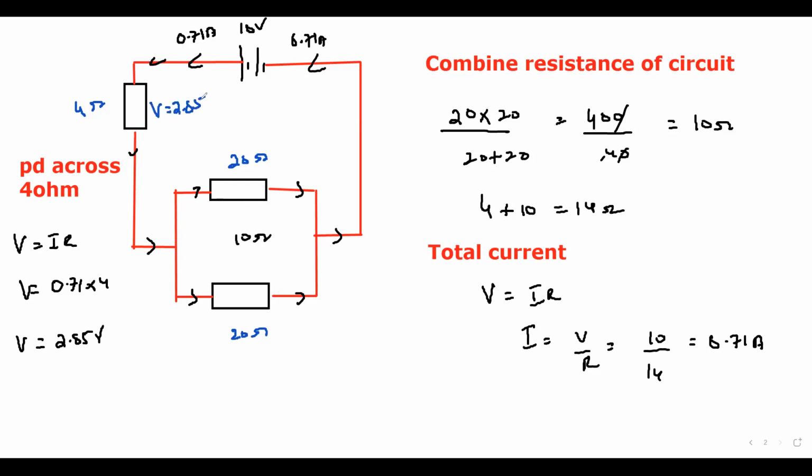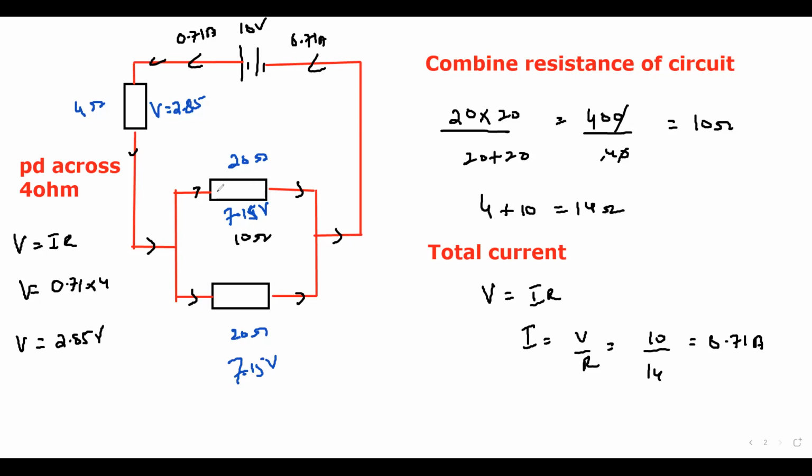So out of 10, 2.85 volts is used here. The remaining energy will be used between these two, and they will receive the same amount. So 10, the total voltage, minus the voltage across the series resistor gives 7.15. So the remaining voltage is 7.15 volts across this one and 7.15 volts across the other one. Why? Because they are in parallel, so they receive the same voltage.